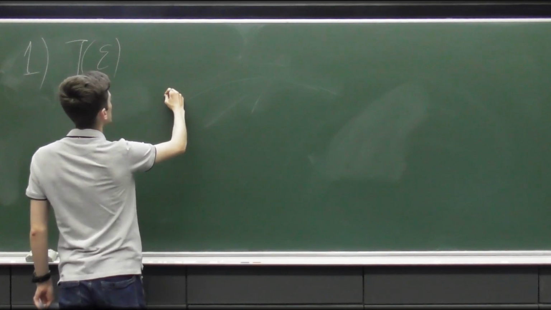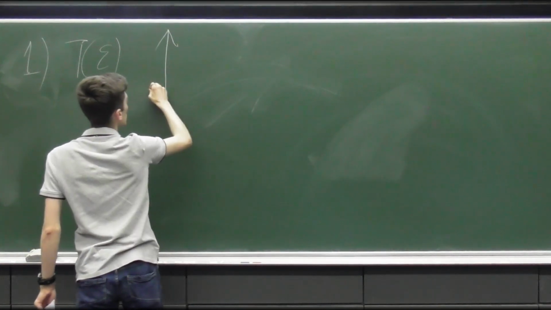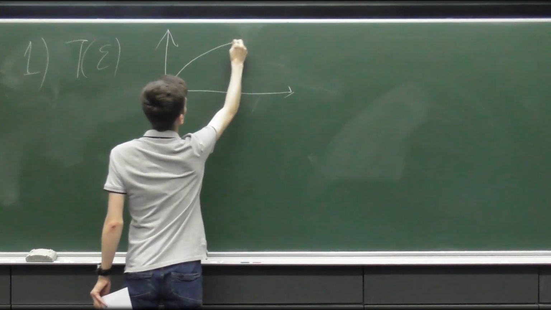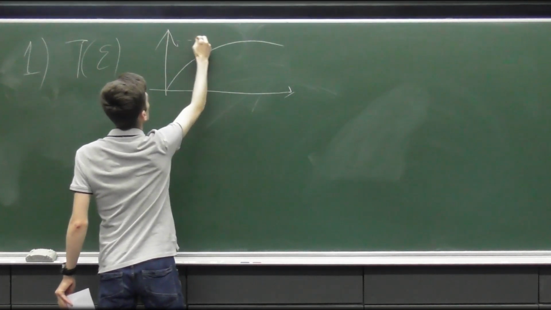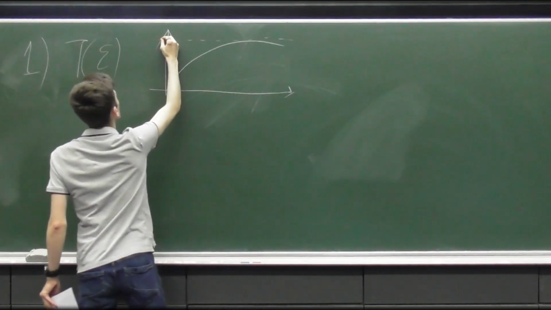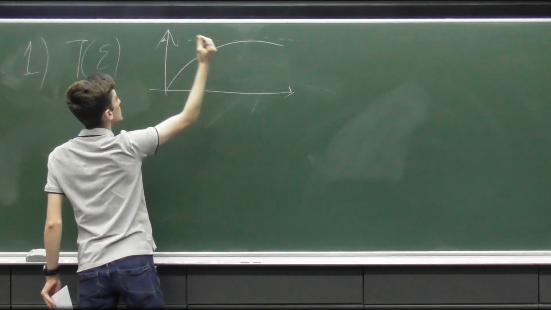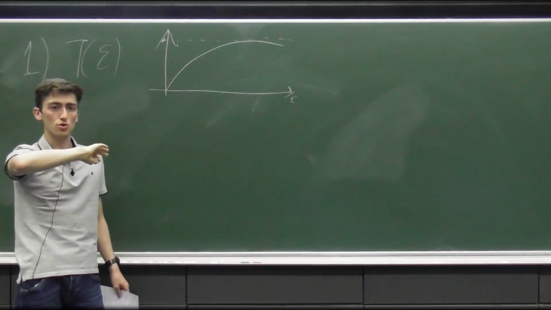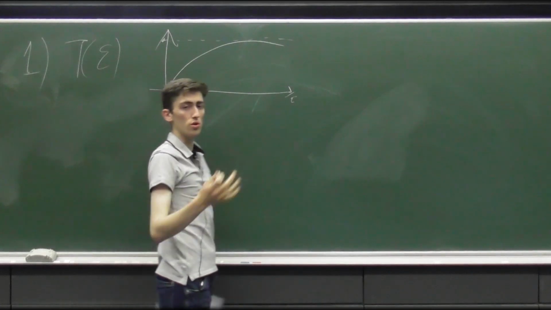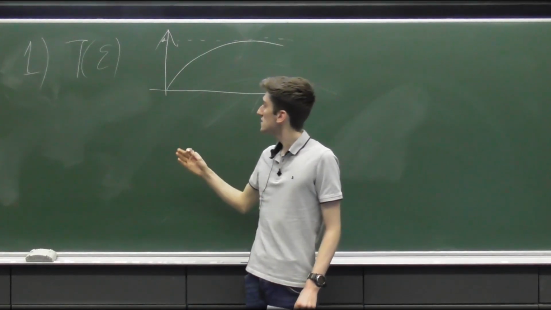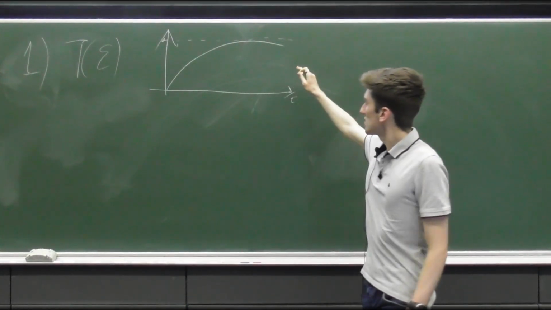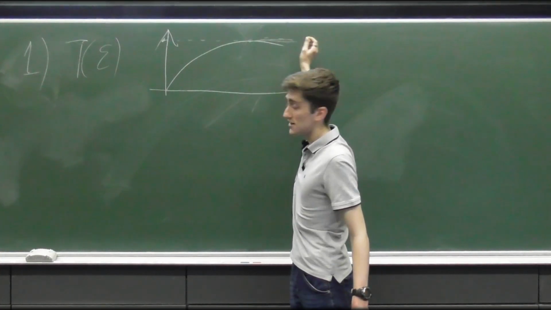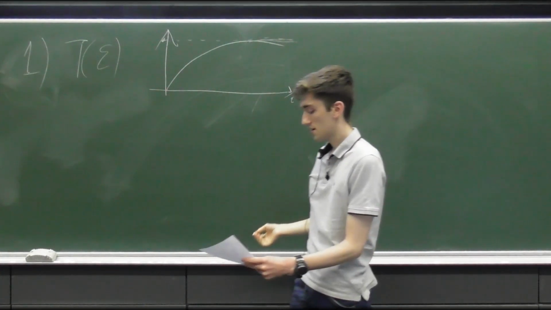So this will look something like some sort of smooth curve, which is bounded by 1 because it's a coefficient. This particular transmission looks similar to a single delta scatterer, which you may know.